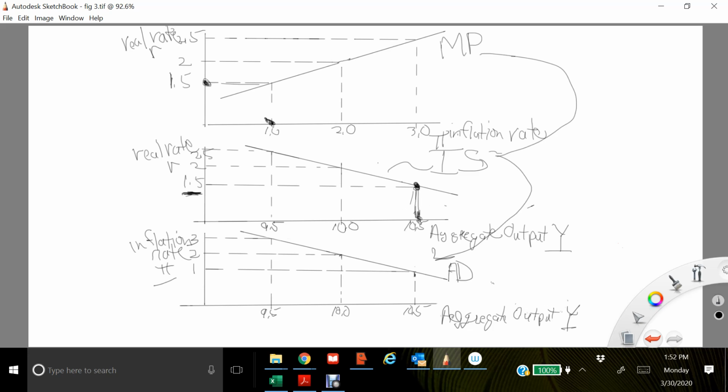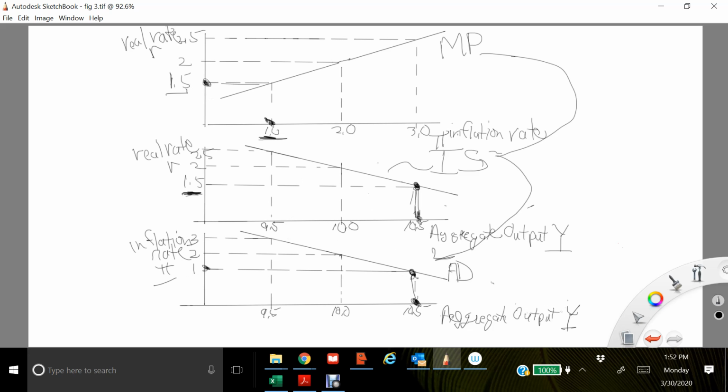So we can summarize this position as aggregate output of 10.5 occurring at an inflation rate of 1%. So here's our inflation rate, here's our 1%.